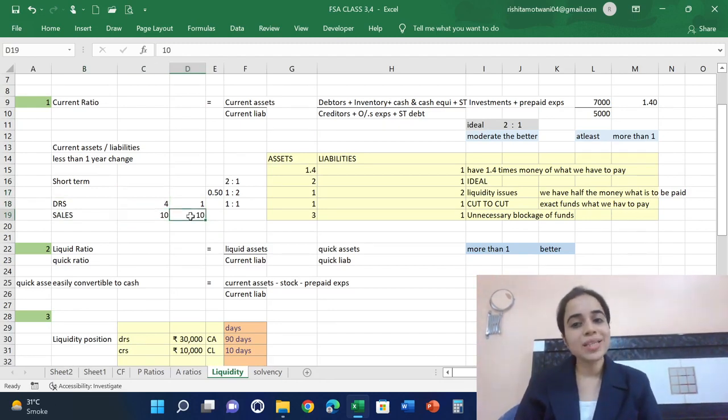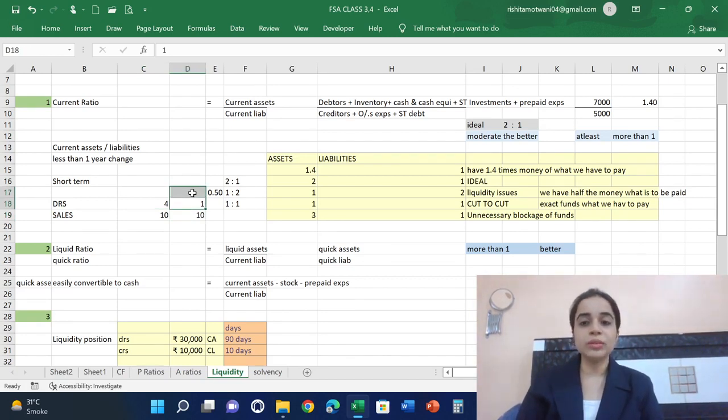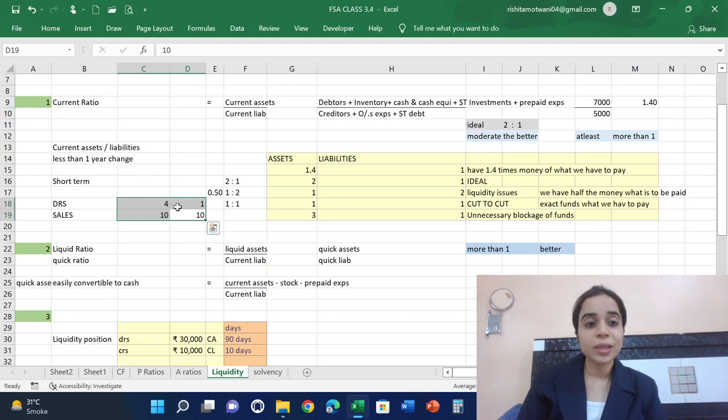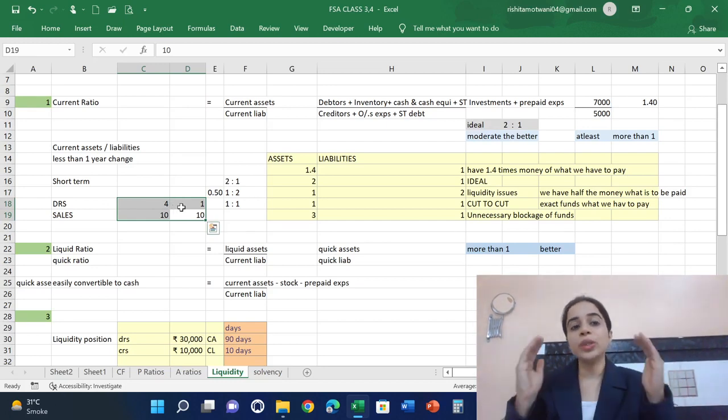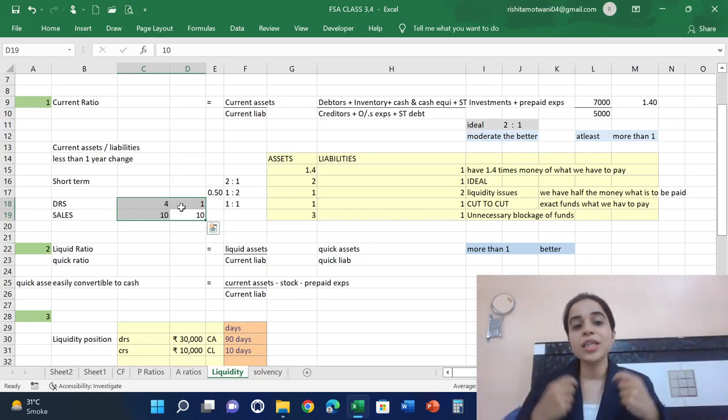Here also my sales is the same, 10 lakh, but my money blocked is just 1 lakh. We would also cover that in the debtors turnover ratio. But obviously company B is better, because with a lesser amount of debtors stuck, it's able to generate an equal amount of sales.